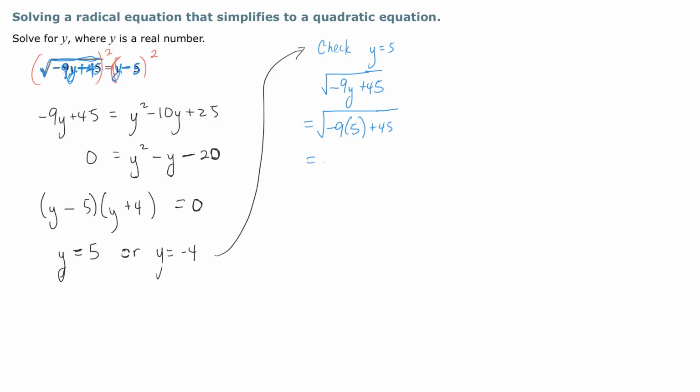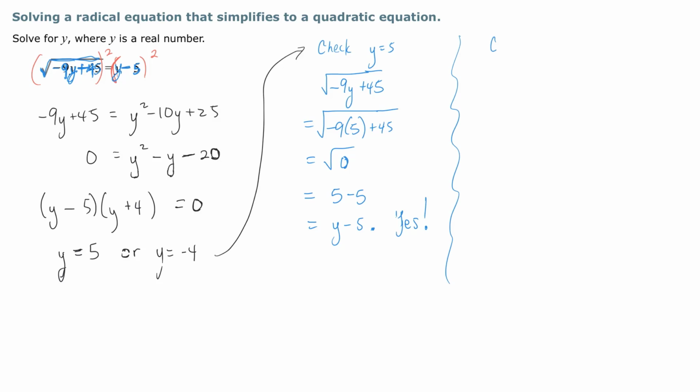That is equal to the square root of 0. Is that equal to 5 minus 5? Yes, it is, which is equal to y minus 5. Yes, we've actually checked it. That check makes sense.